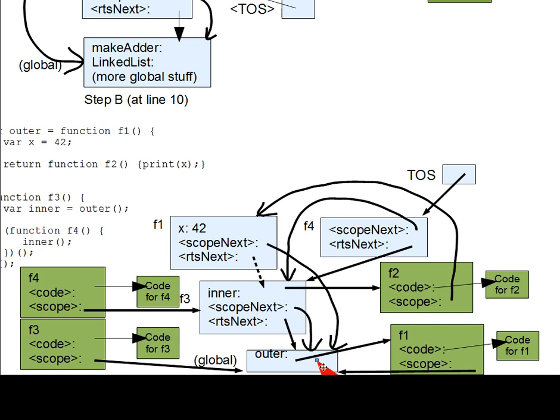Function f3 then begins the actual program execution, and it makes a call of f1. And that stack frame here results. f1 creates and returns function f2.